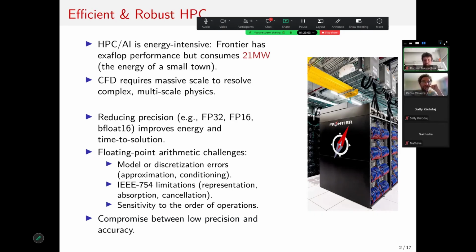We have a very nice standard, IEEE 754. But because it's a finite representation, we can have representation issues, absorption, cancellation, and it's quite sensitive to the order of operations. So when you start parallelizing, vectorizing, passing your code through an optimizing compiler, you can get all kinds of unpredictable effects. So we have this tension, this compromise between low precision and accuracy.